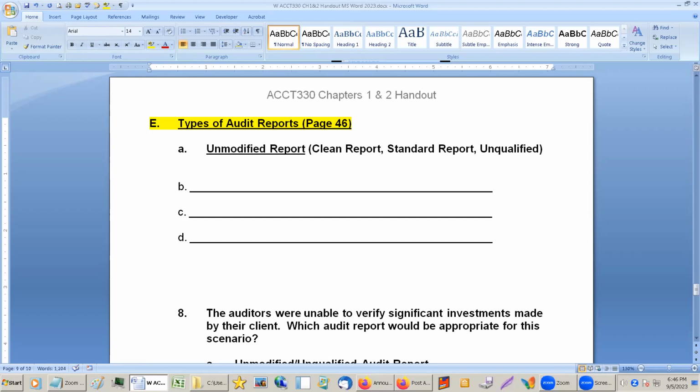Okay. The unmodified report is the good report, what everyone wants to get, and most people do get. The clean report states that the financial statements are fairly presented, and that they are reasonably assured to be free of material misstatements. They may have misstatements, but they're free of material misstatements.